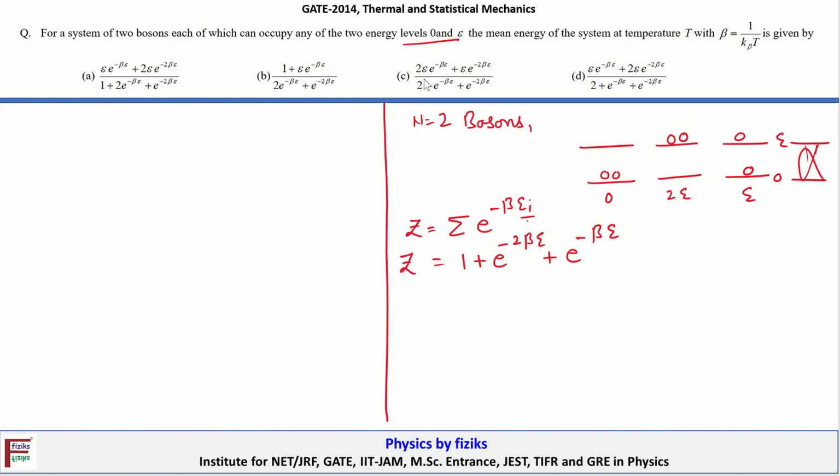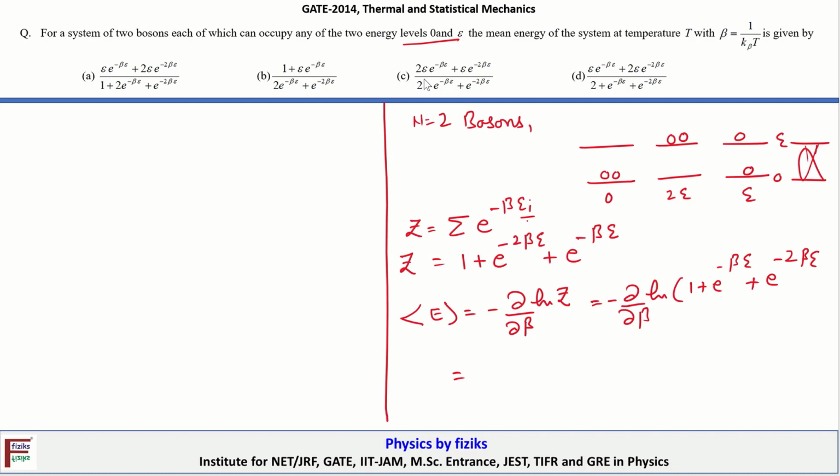And from here we can calculate the average energy of the system, E equal to minus the derivative with respect to beta of ln Z, and that is equal to minus the derivative with respect to beta of ln(1 plus exponential minus beta E plus exponential minus 2 beta E).